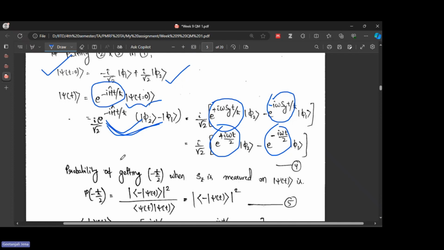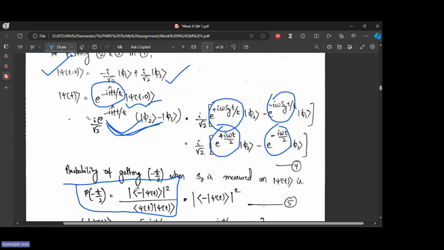Now let's see what the probability is of getting minus h cot by 2 when we measure the state operator. The probability is given by this equation, plus minus h squared by 2 corresponding to the minus state.